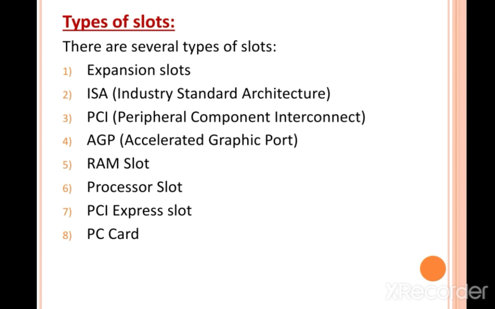See, there are several types of slots: expansion slots, ISA slots, industry standard architecture, PCI slots, peripheral component interconnect, AGP, accelerated graphic port, and RAM slot, processor slot, PCI Express slot, PC card.